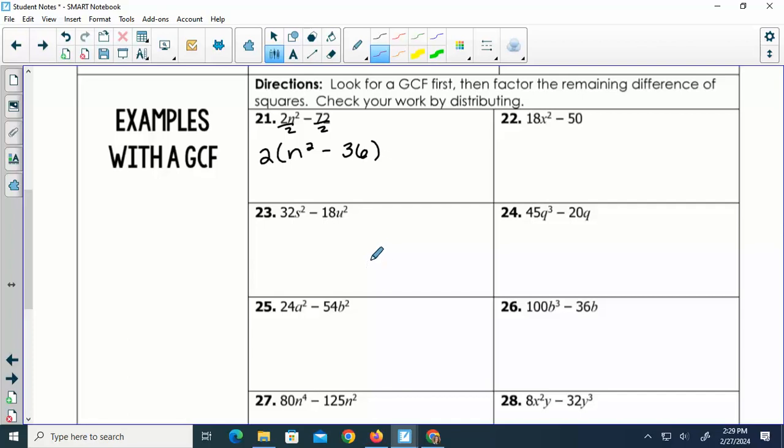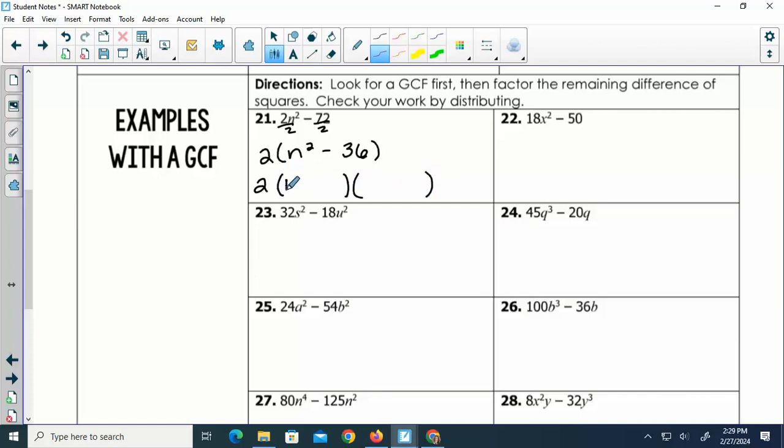But what do you notice about n squared minus 36? Isn't n squared minus 36 a difference of squares? It has a subtraction, they're both perfect squares. So we can factor that. The 2 just stays on the outside.